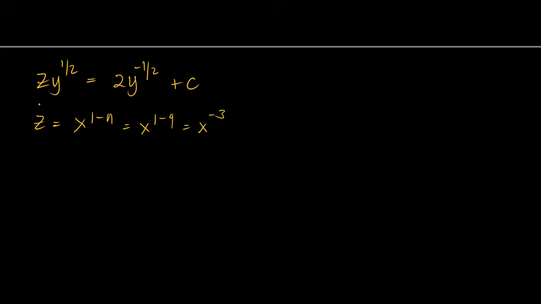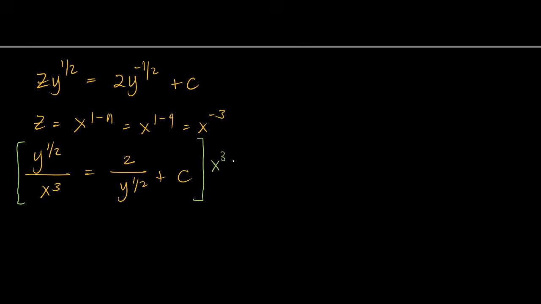So this can be written as y raised to 1/2 over x cubed equals 2 over y raised to 1/2 plus c. So if you want to simplify your general solution, it would be better to multiply both sides of the equation by x cubed times y raised to 1 half.